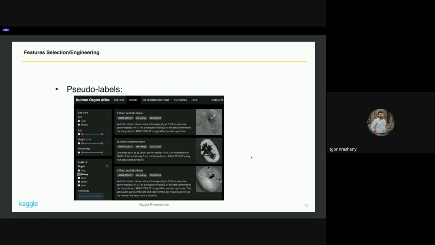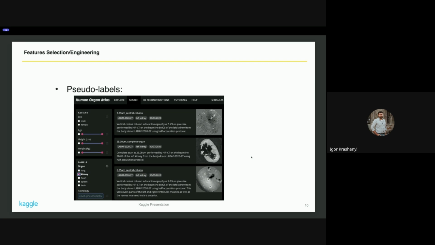Later on, I discovered in the paper shared by organizers the Human Organ Atlas portal, where I saw a lot of images. Two of them were good for this task, and I discovered that one of them is in our train set, so the second one could be used as external data.